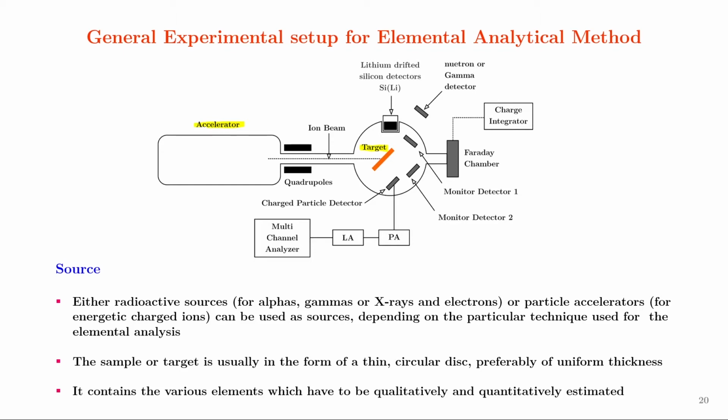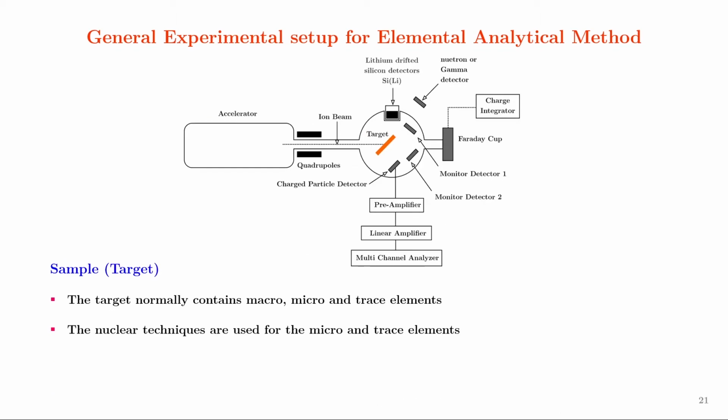It contains the various elements which have to be qualitatively and quantitatively estimated. The target normally contains macro, micro, and trace elements. The nuclear techniques are used for the micro and trace elements.